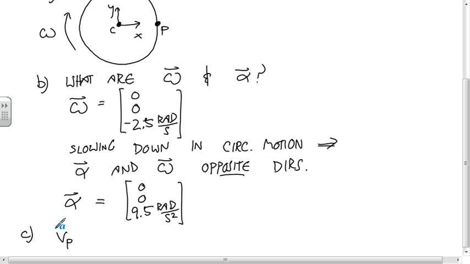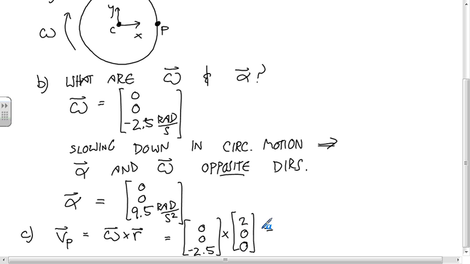So the velocity of Pete is omega cross r, which is 0, 0, negative 2.5, crossed with, what's the r vector? Yep, 2, 0, 0. And so you get an answer of 0, negative 5 meters per second, 0.